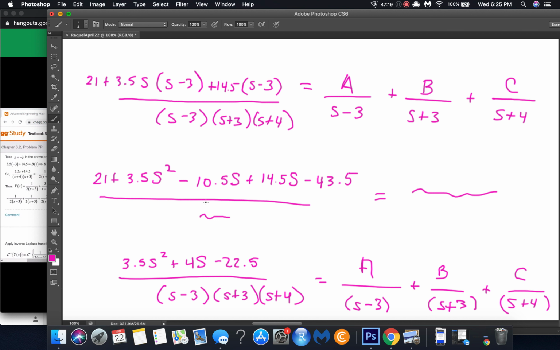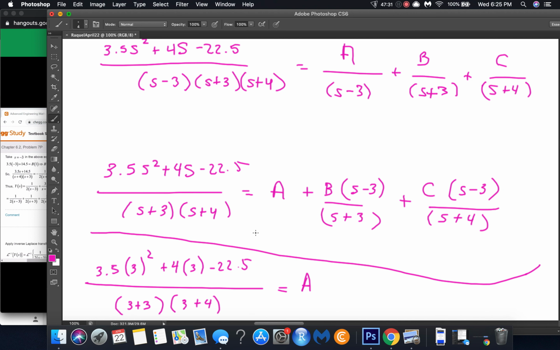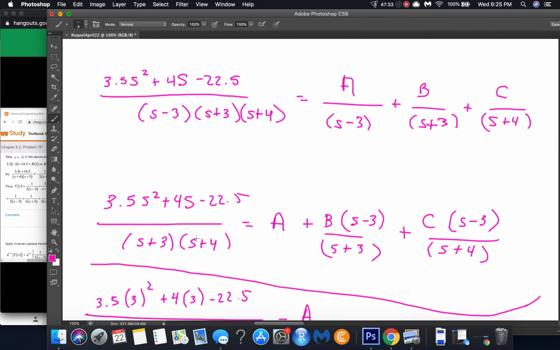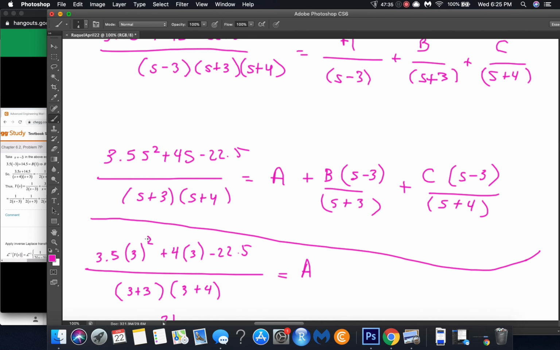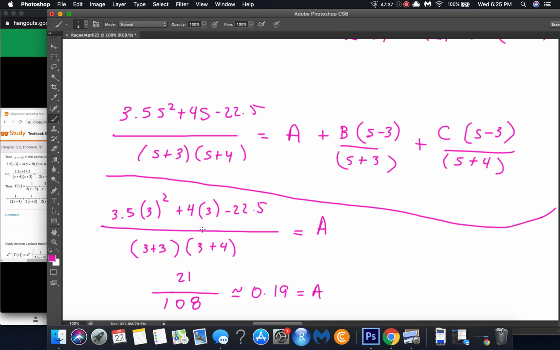Negative 43.5 minus 21 is negative 43.5 plus 21 is negative 22.5. That's correct. So here we plugged in 3 to find A. Let's see. 3.5 times 9 plus 12.